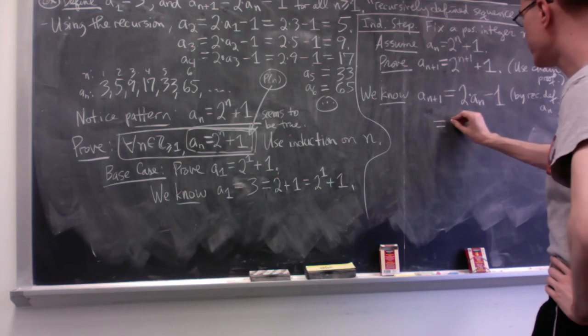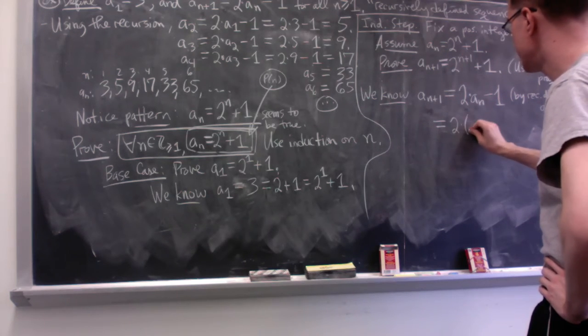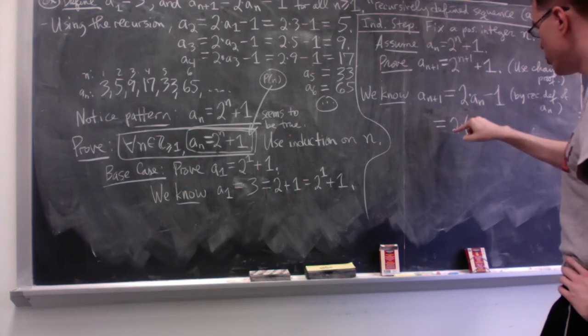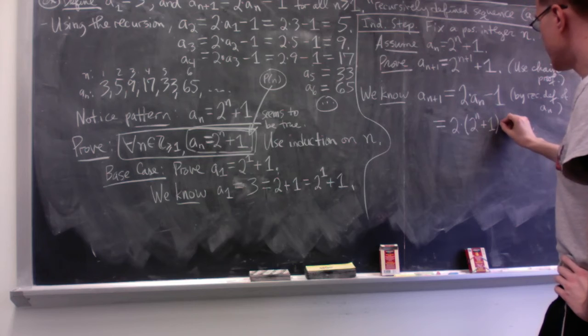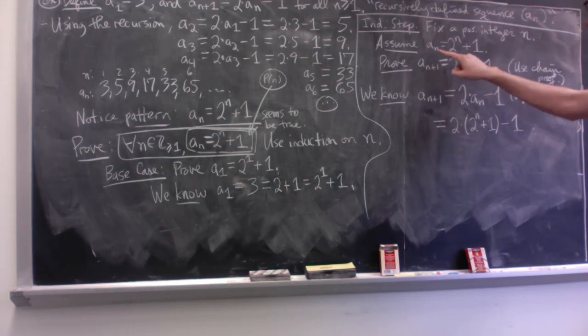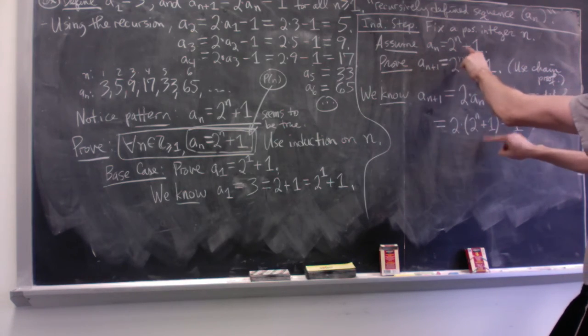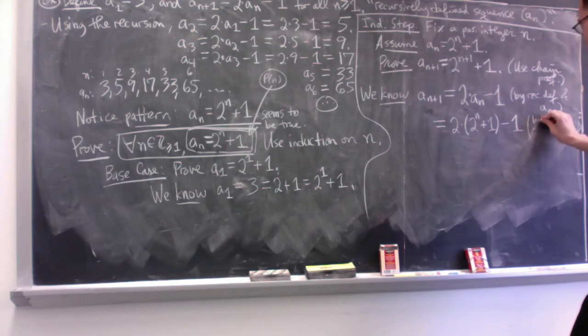That's the induction hypothesis. So I can just substitute that in. 2 times, and then I put 2 to the n plus 1. And then minus 1. This is equal to that. So that's the induction hypothesis used right there. You always want to, again, show where you're using it, how you're using it.